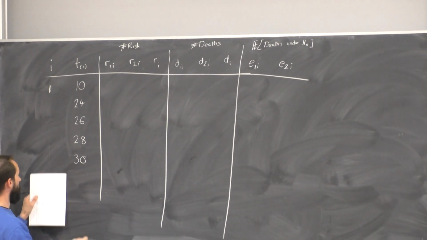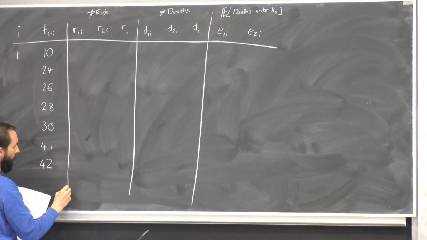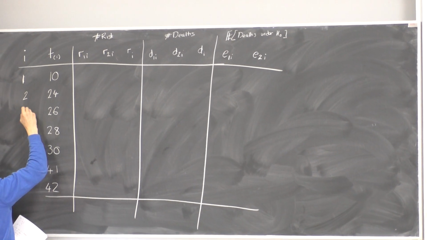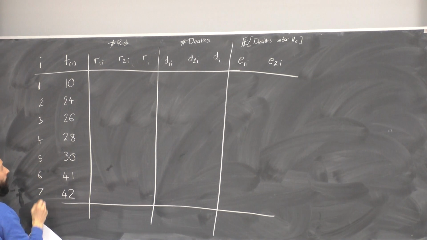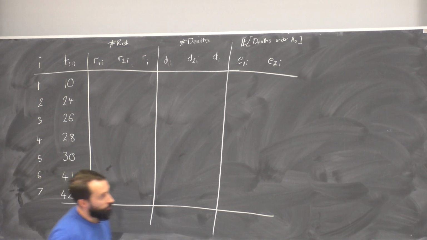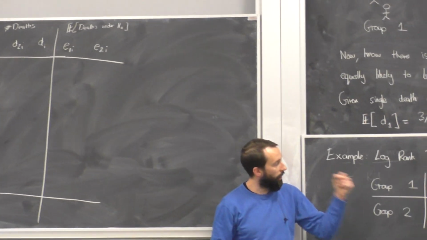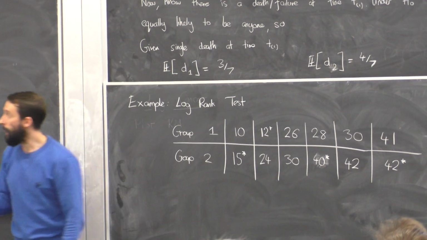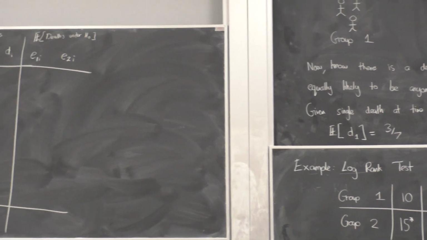And then 30, and then 41, and then 42. That's 1, 2, 3, 4, 5, 6, 7. So just before time 10 weeks, how many people was I still looking at in group 1? And how many people was I still looking at in group 2?